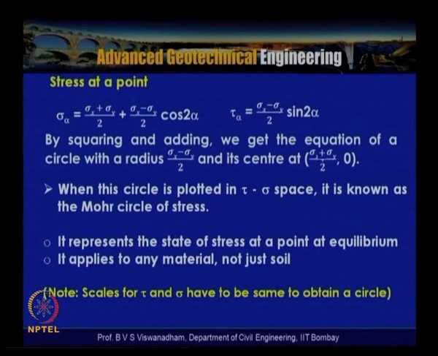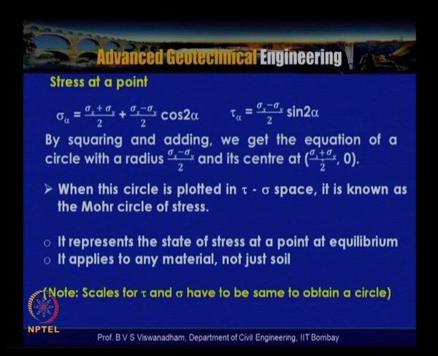When this circle is plotted in tau-sigma space, it is known as the Mohr circle of stress. It represents the state of stress at a point at equilibrium, and it applies to any material, not just soil.